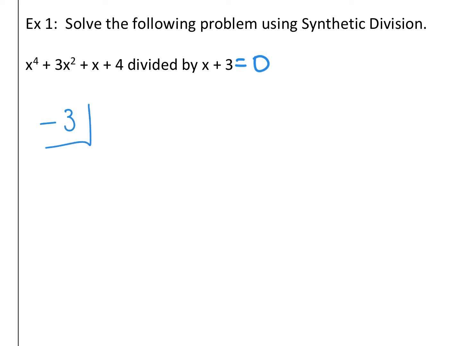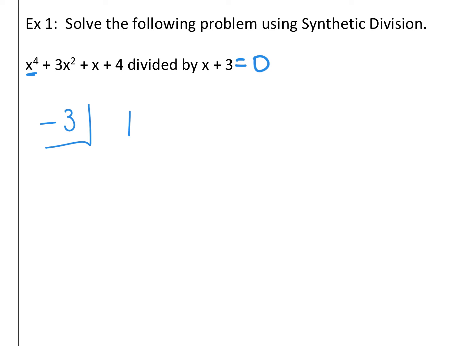Okay, now I need my numbers going across. So I pay attention to that big polynomial. We start with the first number. What's the first number in front of x to the fourth? 1. Okay? In descending order, what would come after x to the fourth? X to the third.